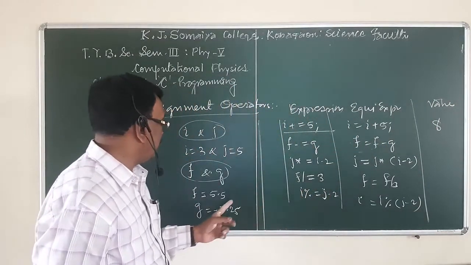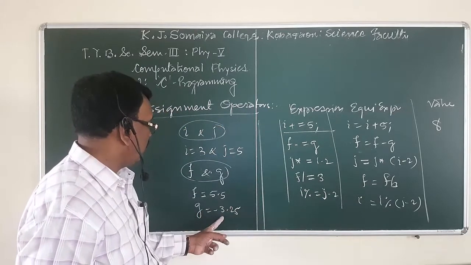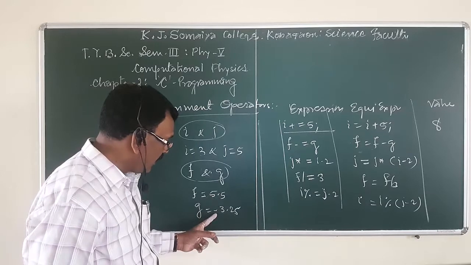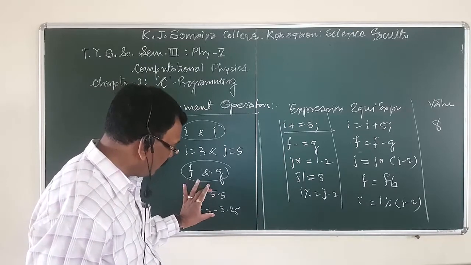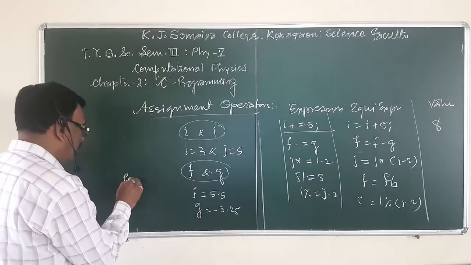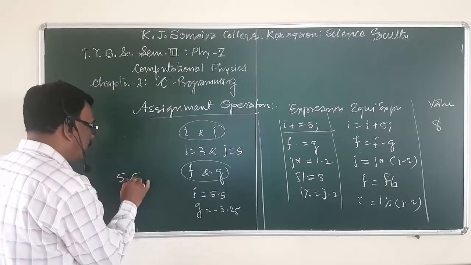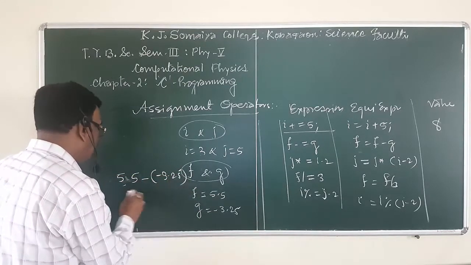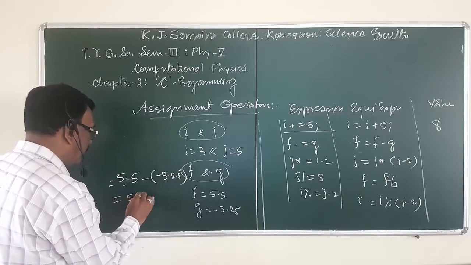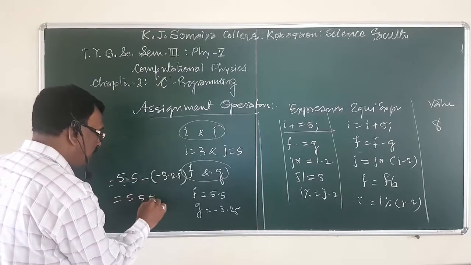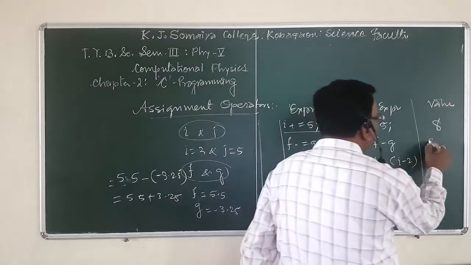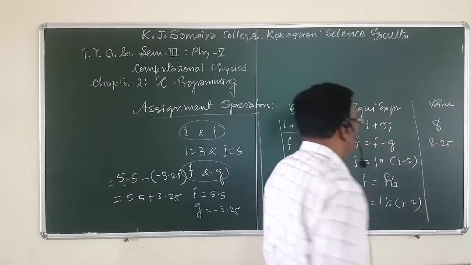Then f minus g: f is 5.5 minus minus 3.25. The meaning is very simple, 5.5 minus minus becomes plus 3.25 and therefore the final result is 8.25.